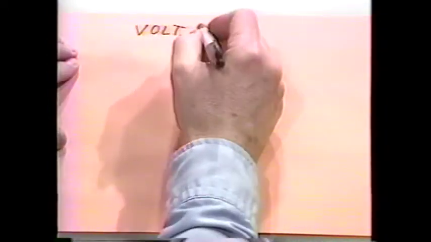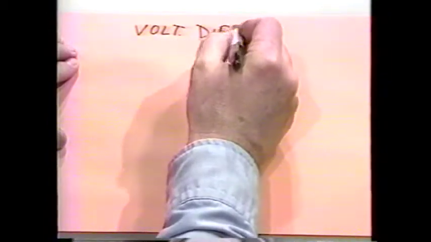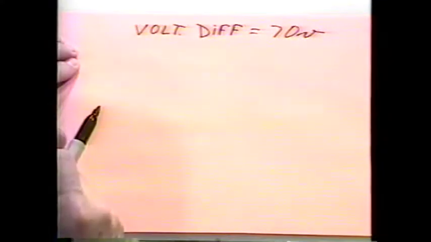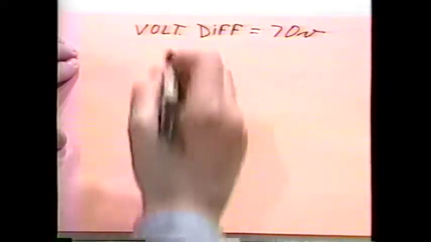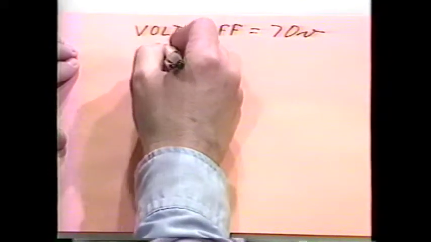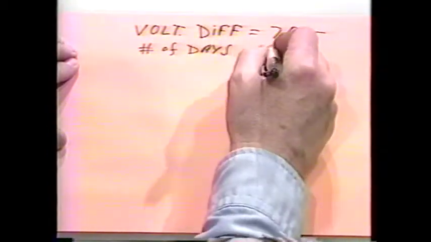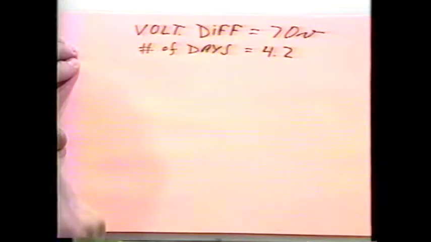For example, if the voltage difference that we get in a particular exposure were 70 volts. All right, that's the difference in the voltage. And let's suppose the number of days that it was exposed was 4.2.